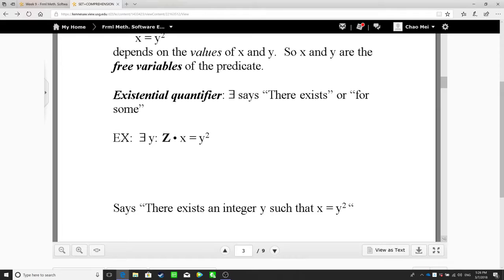So a natural number starts from either 0 or 1. Two theories there. But an integer is not starting from anywhere. It has all those negative numbers. So there exists an integer y such that x equal to y squared. It can be true if it's 1.